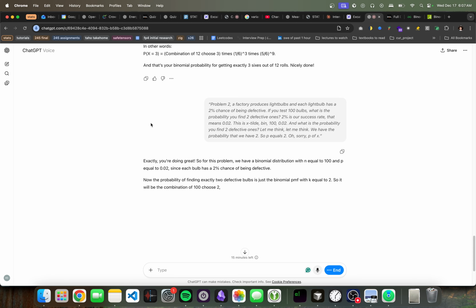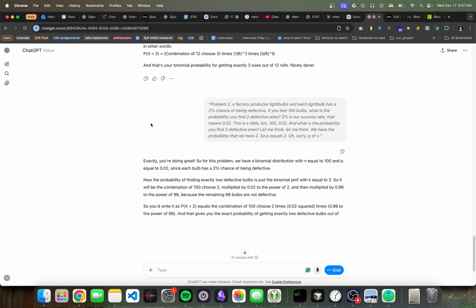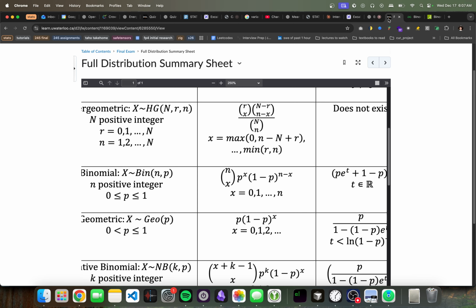So it will be 100 choose 2 multiplied by 0.02 to the power of 2, and then multiplied by 0.98 to the power of 98, because the remaining 98 bulbs are not defective. So you'd write it as P(X = 2) equals 100 choose 2 times 0.02 squared times 0.98 to the power of 98. And that gives you the exact probability of getting exactly 2 defective bulbs out of 100. Nicely done again.